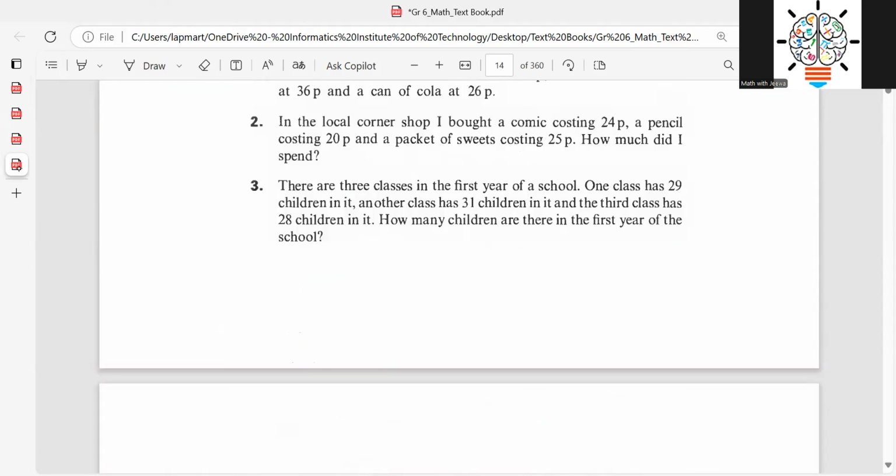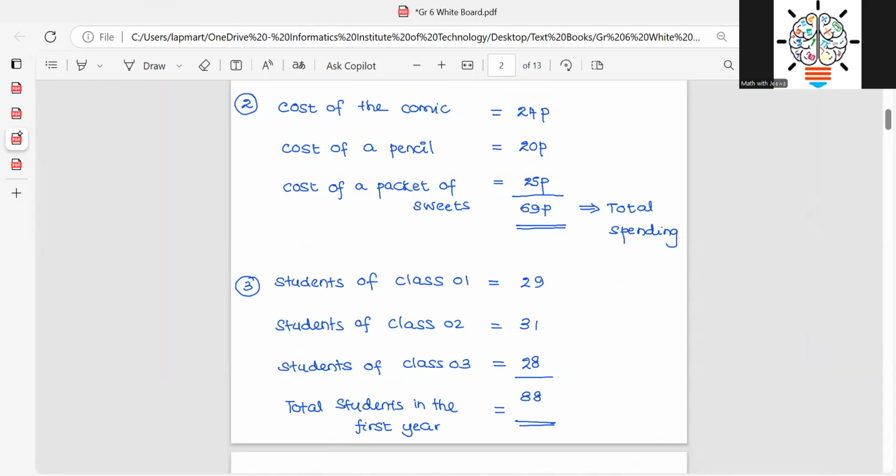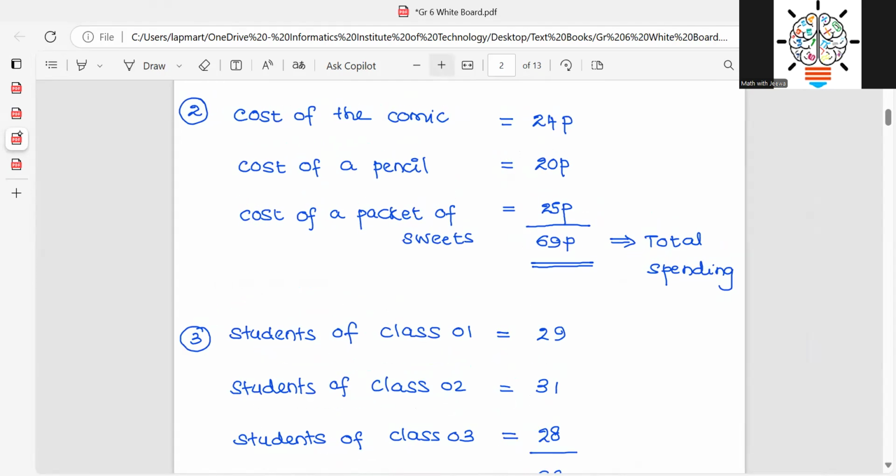How many children are there in the first year of the school? Total students in the first year, right? So you just see that looking at the answer, anyone can imagine what the question is talking about, right? Okay, so then we'll move to today's theory part.